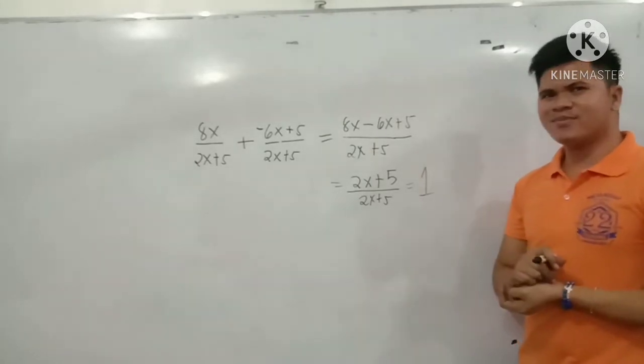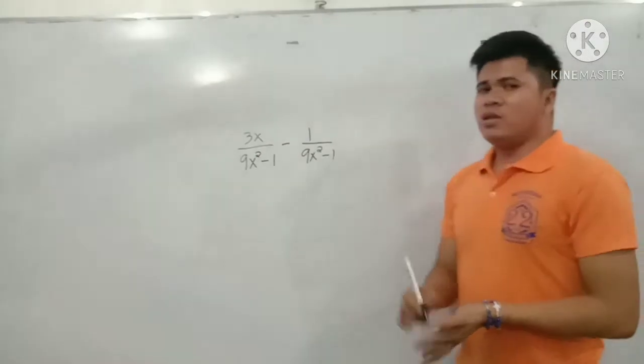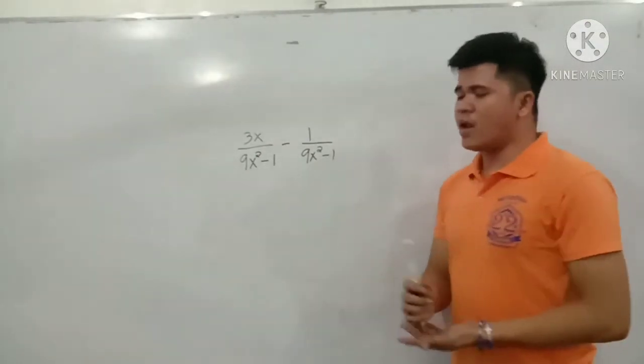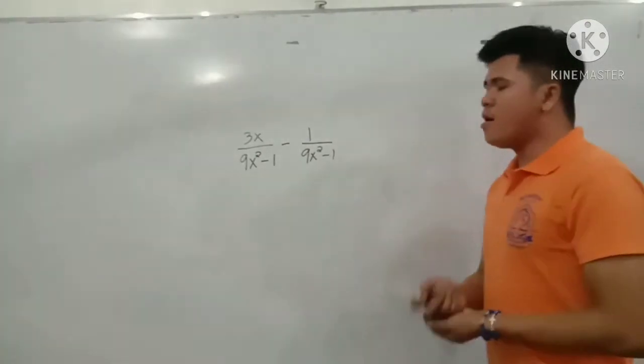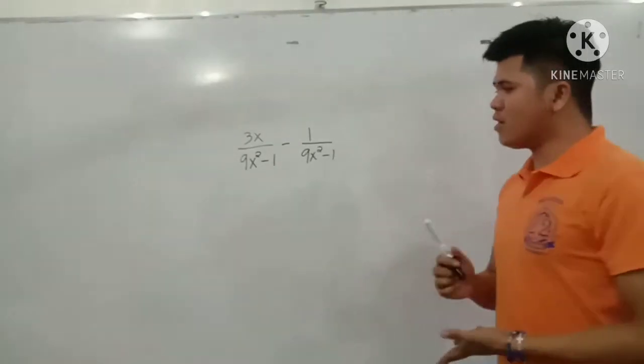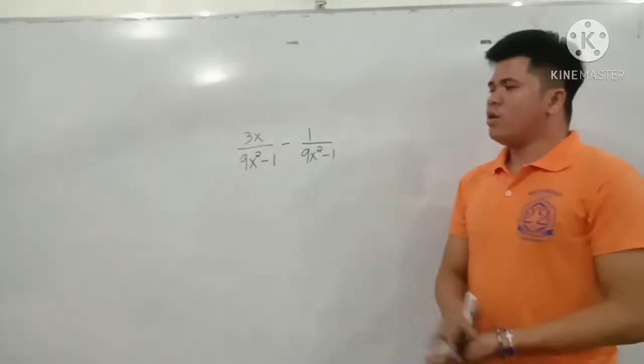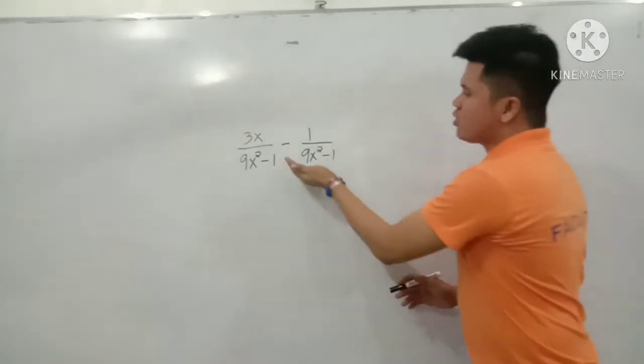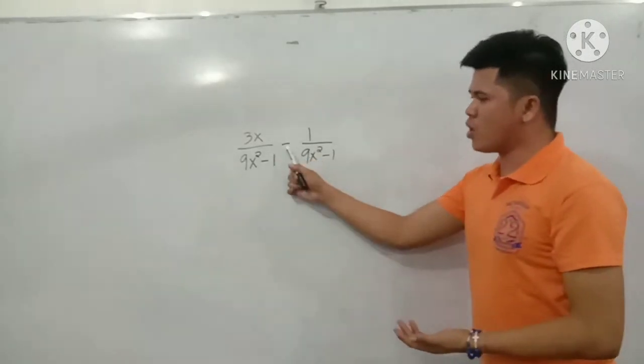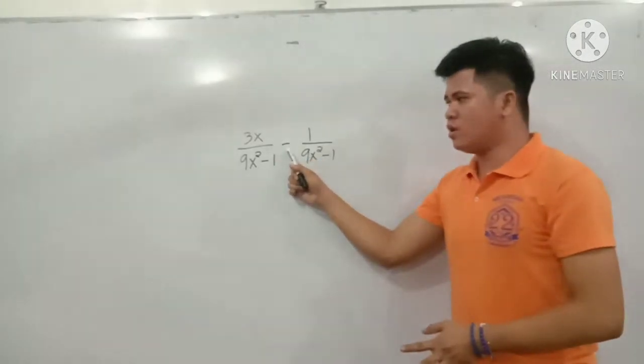Another example. Let's say 3x over 9x squared minus 1, minus 1 over 9x squared minus 1. Again, we are dealing with subtraction since our operation is minus.